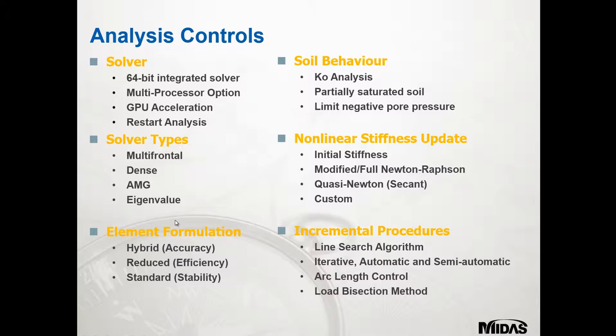We've also got different element formulations in the form of hybrid, reduced and standard, and the soil behavior, which is K-naught analysis, and partially saturated soil and the limit negative pore pressures. For the nonlinear stiffness update, we have secant and tangent. And for incremental procedures, we've got different incremental procedures for smooth convergence, fast analysis and accuracy of results.